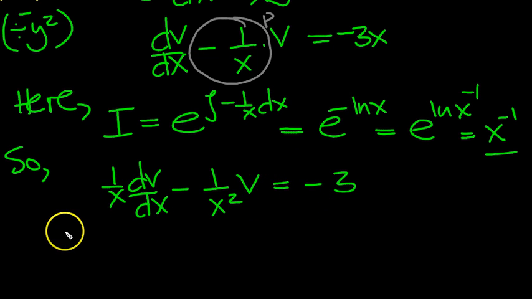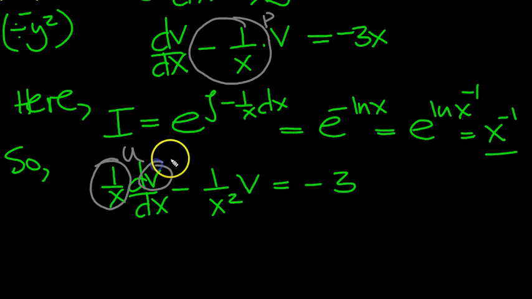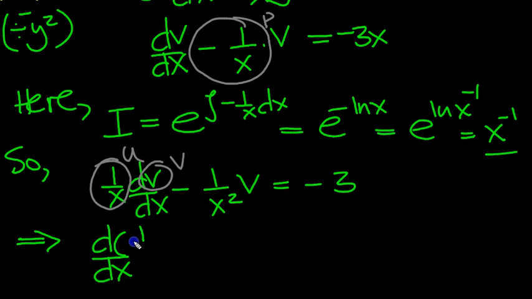So we get this, and now we can circle u and v. It should be fairly straightforward from here. There's u, there's v. So we can write down d/dx of u times v, 1 over x times v, close bracket, equals minus 3.